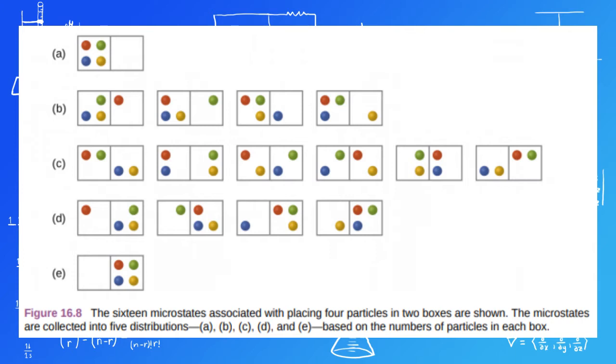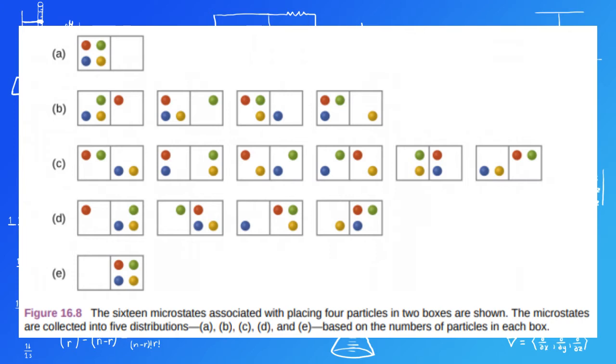Okay, so I guess they're counting the whole set C as a single macrostate. And then set B is another macrostate. So you're changing from 6 configurations to 4 configurations. You can just use the Boltzmann equation for this.